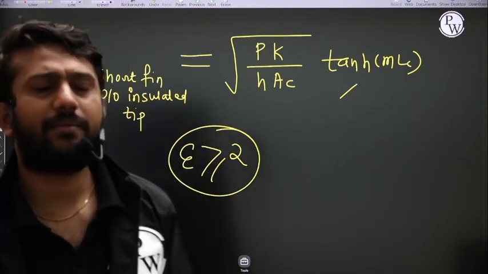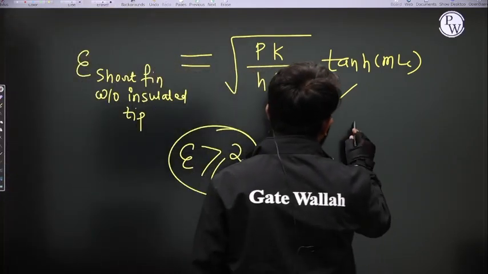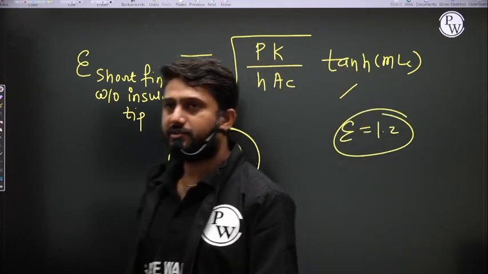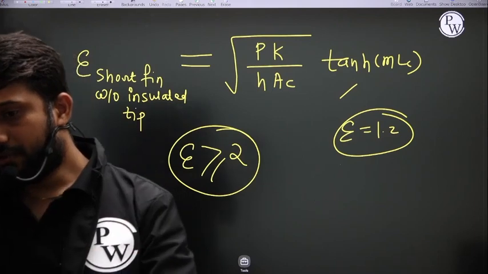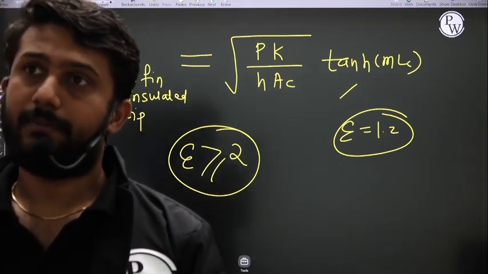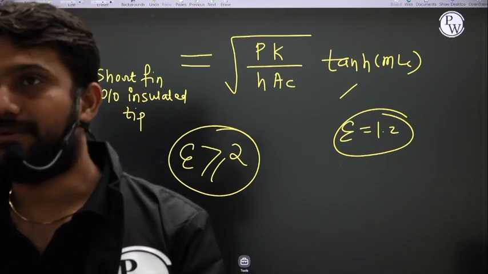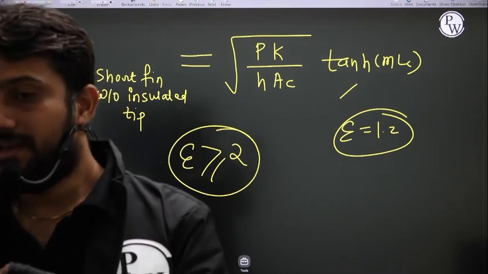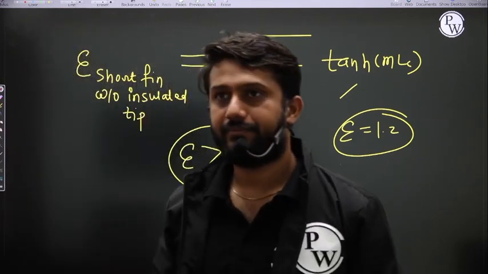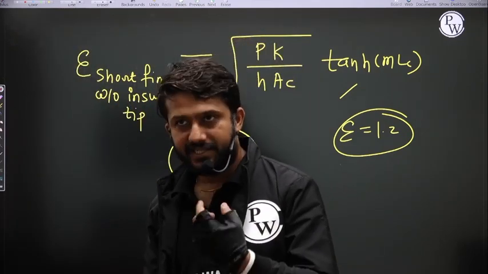Let us assume that the effectiveness is equal to 1.2. So if you put the fin, then the rate of heat transfer with fin is 1.2 times the rate of heat transfer without fin. Is it fine?